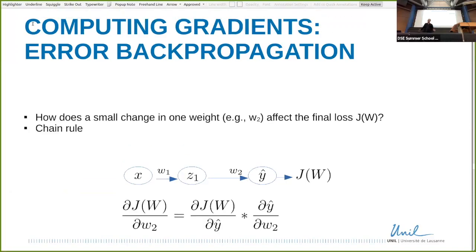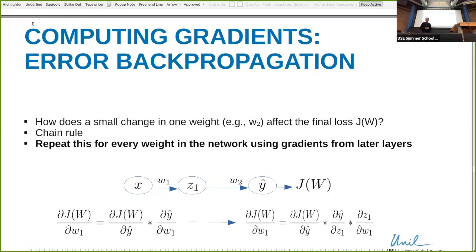This is nothing else than the application of the chain rule. If you want to know the gradient of the loss function with respect to W2, with a simple diagram, that would be the partial derivative of the loss with respect to y hat times the partial derivative of y hat with respect to W2. That's called backpropagation.